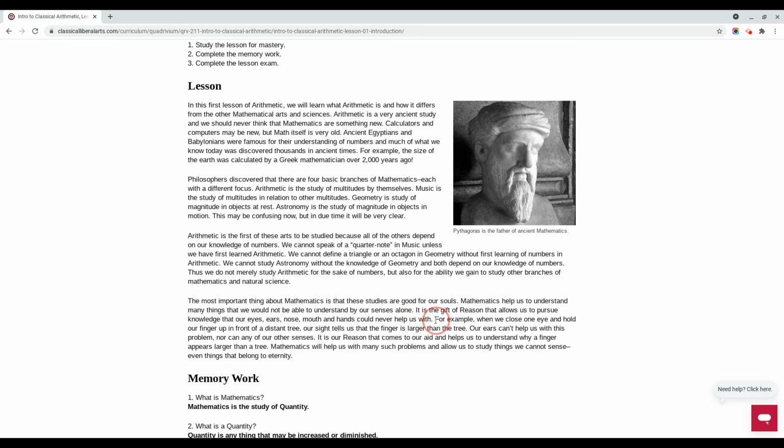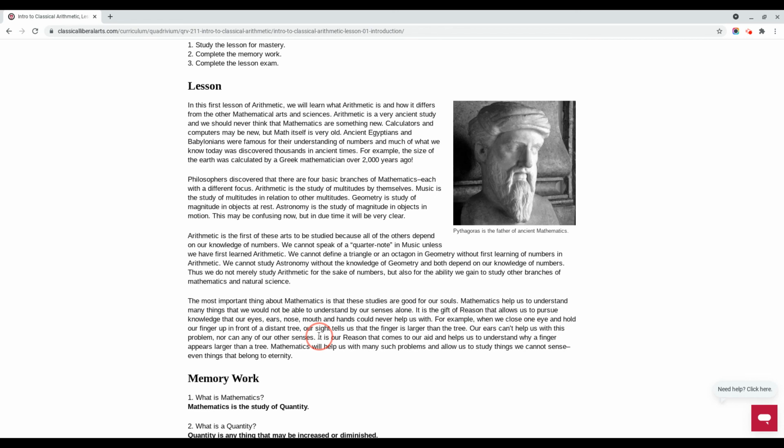For example, when we close one eye and hold our finger up in front of a distant tree, our sight tells us that the finger is larger than the tree. Our ears can't help us with this problem, nor can any of our other senses.